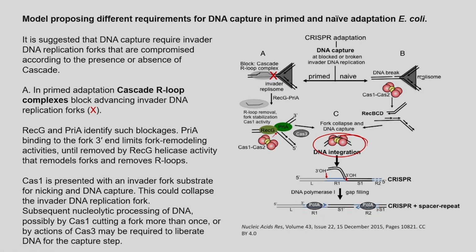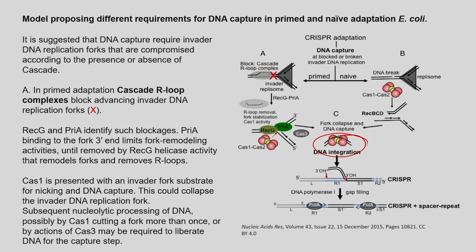Now, let us discuss in detail exactly what is naive and primed spacer acquisition. It is suggested that DNA capture requires invader DNA replication forks that are compromised according to the presence or absence of Cascade. In primed adaptation, these Cascade R-loop complexes block the advancing invader DNA replication fork.